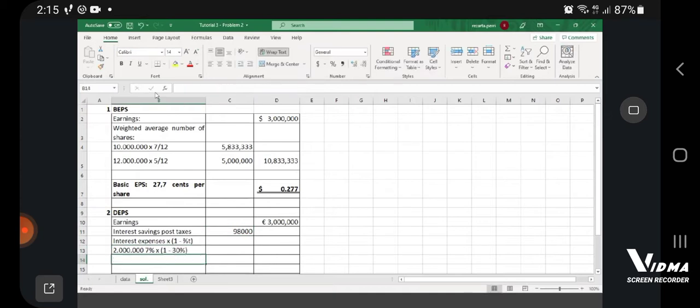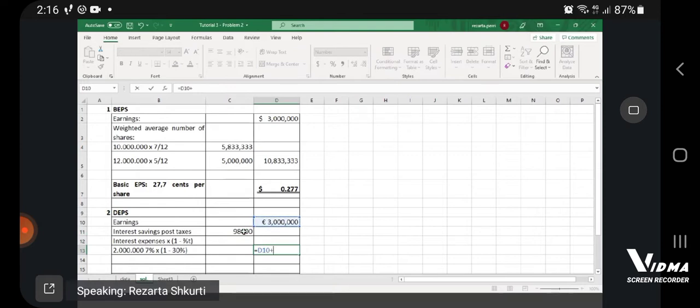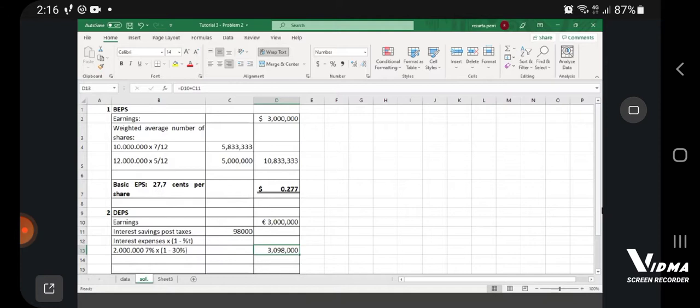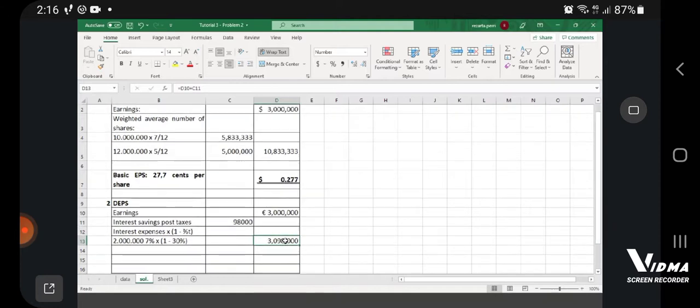So this is the post-taxes interest savings due to the conversion of convertible loans to ordinary shares. That means that the adjusted earnings that we will need to take into account for the calculation of the diluted earnings per share is 3,098,000. Any questions so far?